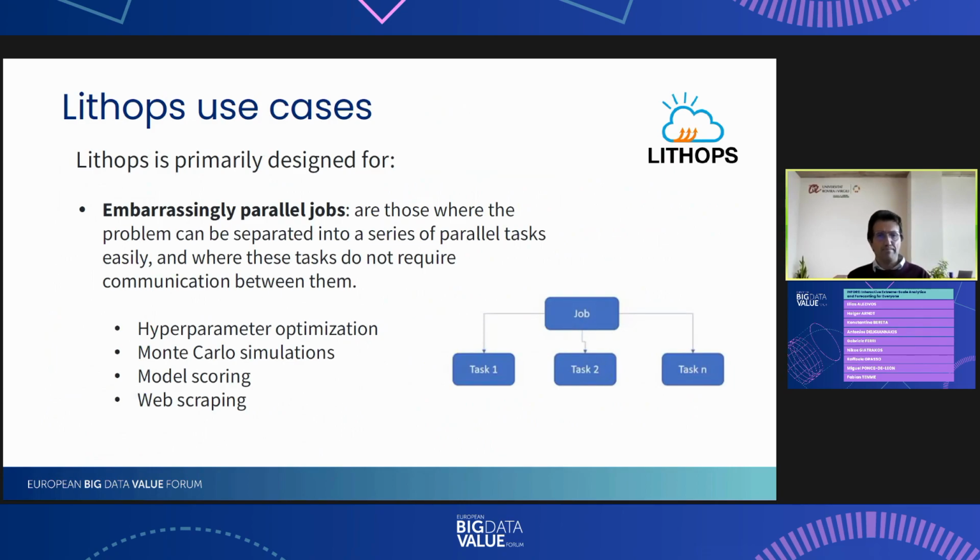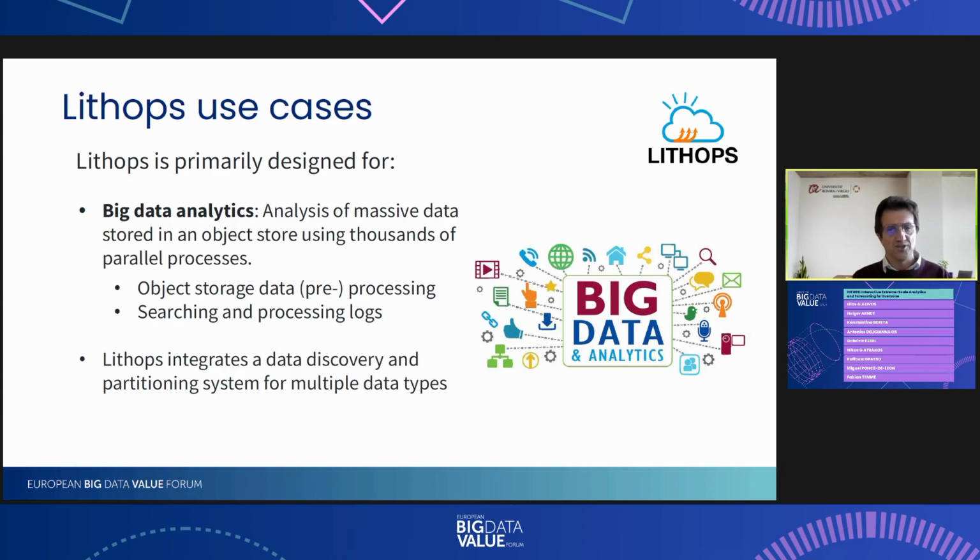Lithops is very well designed for embarrassingly parallel jobs. So if you want to parallelize something like hyperparameter optimization, Monte Carlo simulation, data preprocessing, or web scoring, a lot of these tasks are perfectly suited for Lithops, and Lithops can do more than that. We have a lot of use cases and demonstrations on our webpage. It's also extremely good for big data processing in cloud object storage.